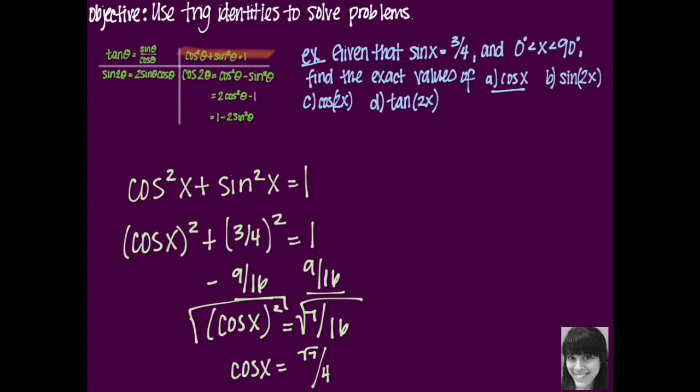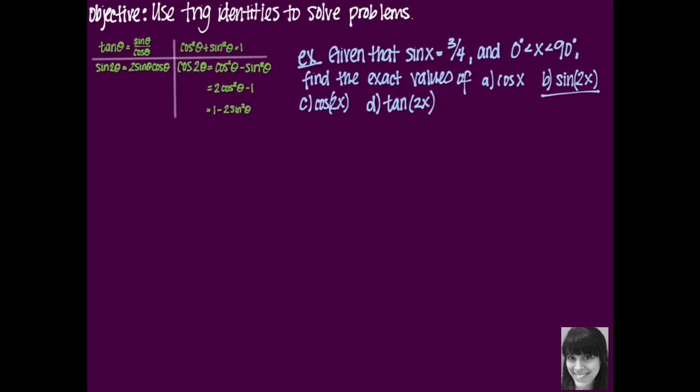And let's do B, which is sine of 2x. Again, I'm asking for sine of 2x, but I'm only given sine of x. Now I know my cosine of x, which is square root of 7 over 4, so I can use this trig identity in order to find sine of 2x.